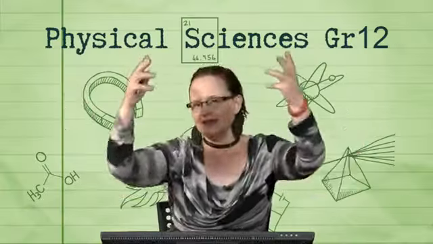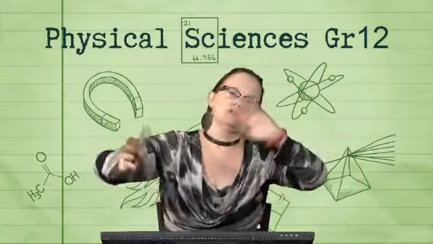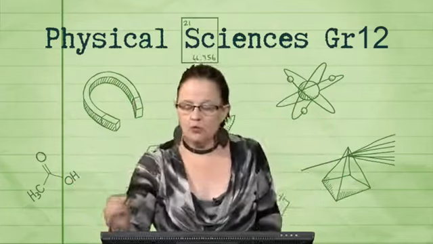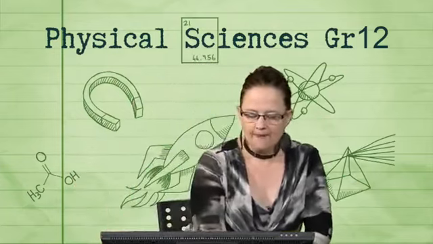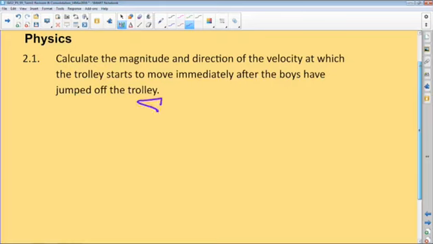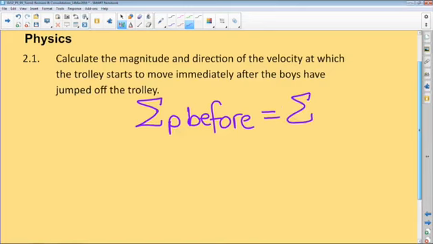Because this is an explosion, as such the opposite of a collision, we know that I'm going to have to use conservation of momentum. That means that the sum of the momentum before is equal to the sum of the momentum after. Now before, the 2 boys and the trolley were one object.